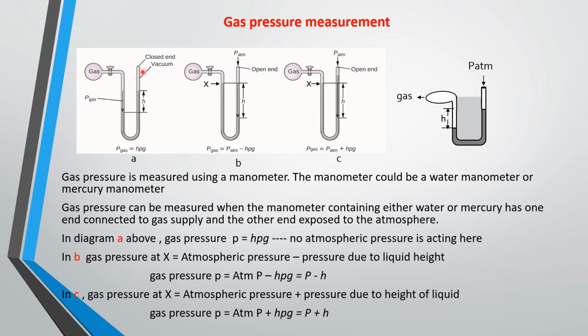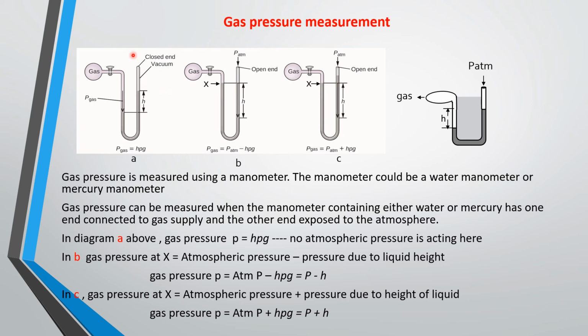So this is how it is connected. Now a manometer can either contain water or mercury, as the case may be. One end of it is connected to the supply of gas, and the other end is exposed to the atmosphere.